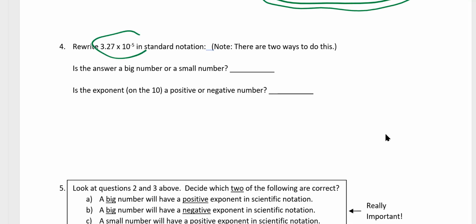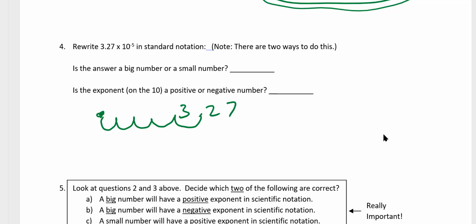Okay, we're going to do this one in a similar way, but when the exponent is negative, the rule is you move the decimal point back. So we take our 3.27 and we go back 1, 2, 3, 4, 5. That's where the decimal point ends. All these empty spots we put zeros in. And so that is equal to 0.00001234 zeros, and then 327.